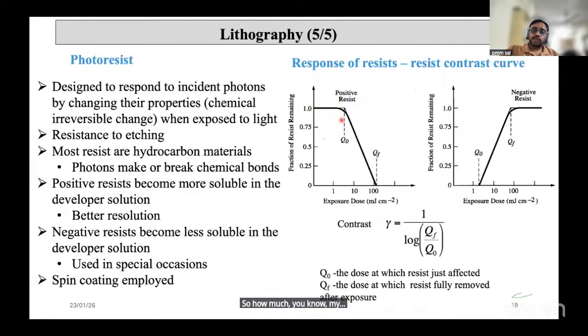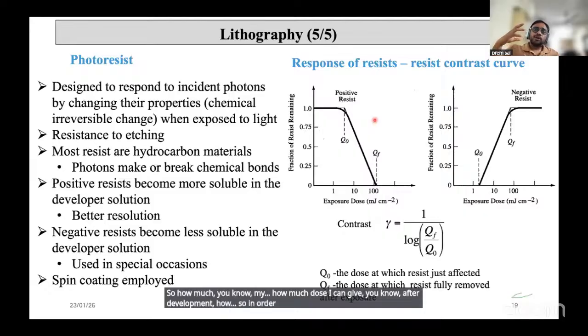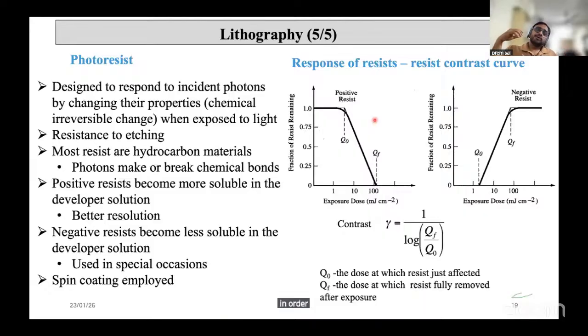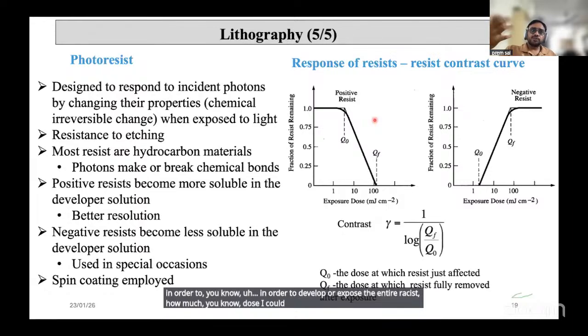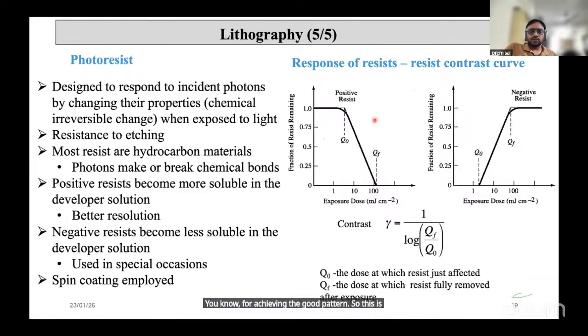How much dose can I give, and after development, how much? In order to develop or expose the entire resist, how much dose could I use? Whenever we buy photoresist, we have to do optimization for achieving a good pattern. So this is all I got on lithography.